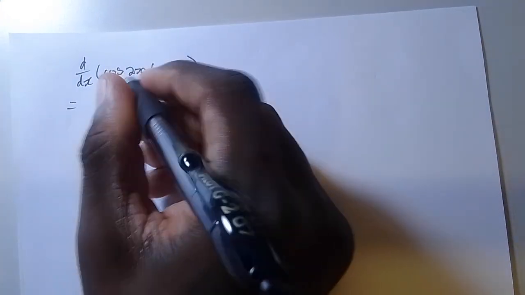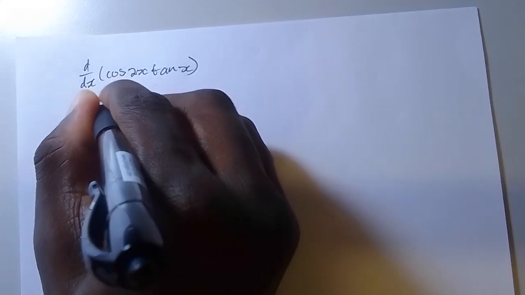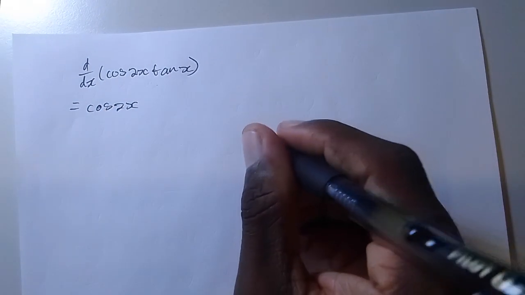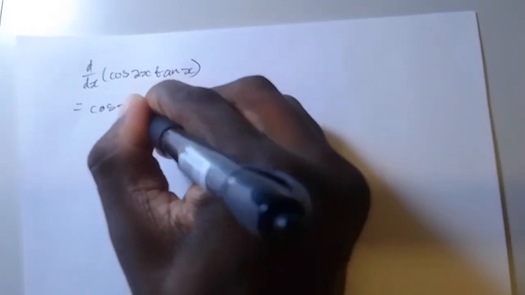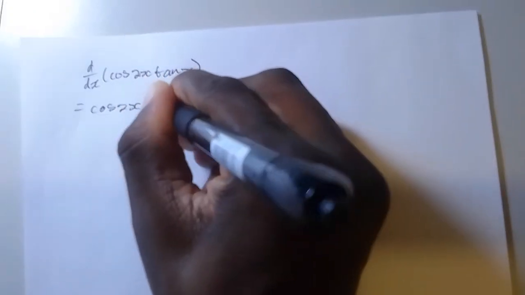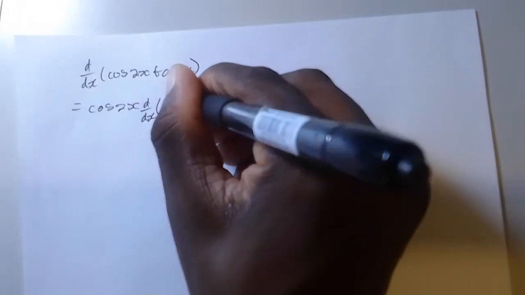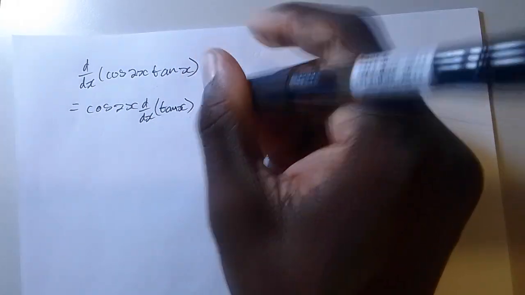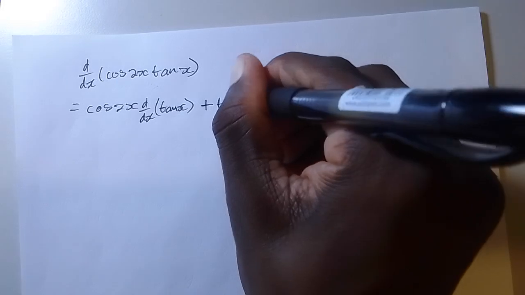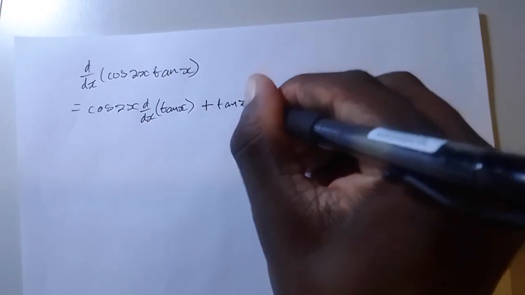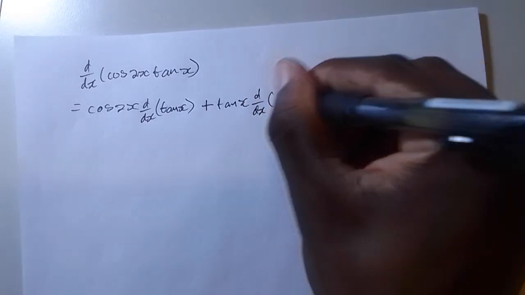Using the product rule, you say one of the functions, let's say cos 2x, multiplied by the derivative of the other, derivative of tan x, d on dx tan x, and you add tan x multiplied by the derivative of the other, cos 2x.